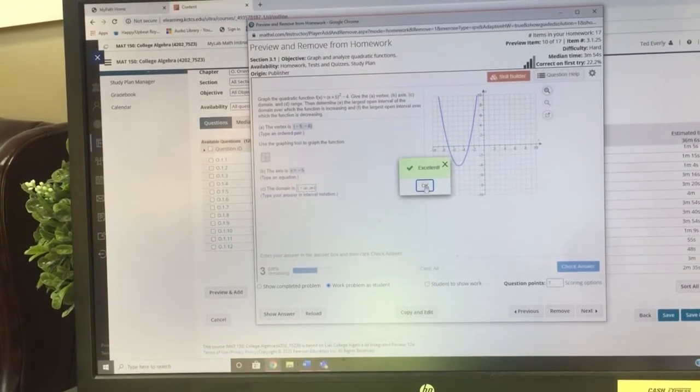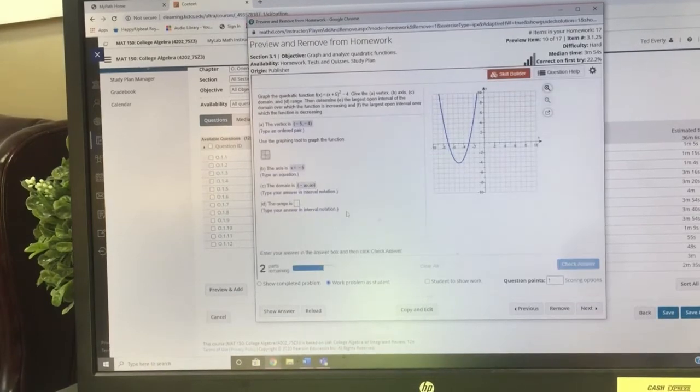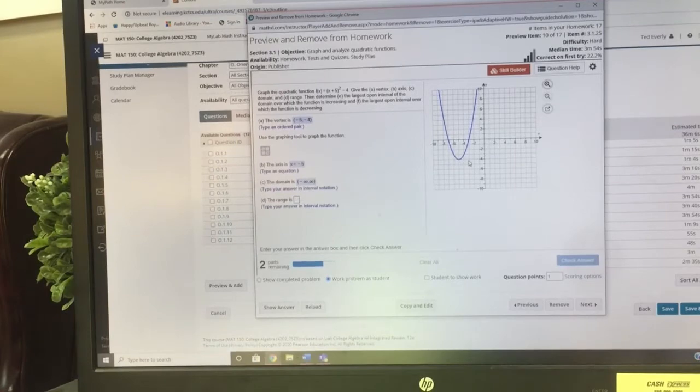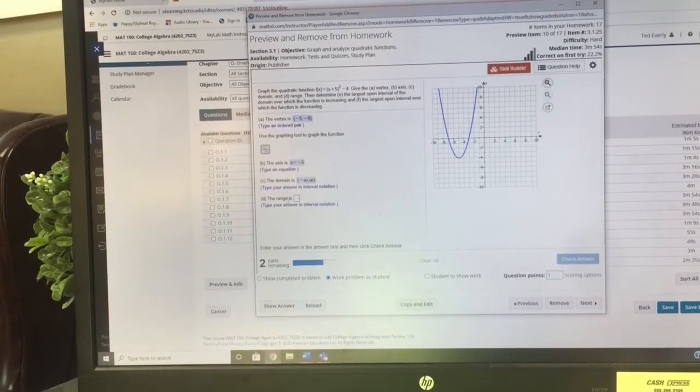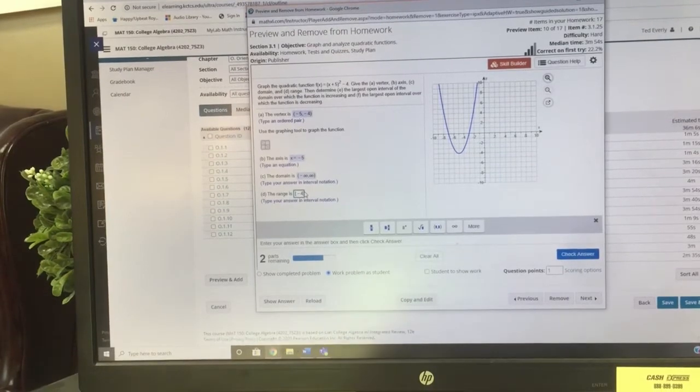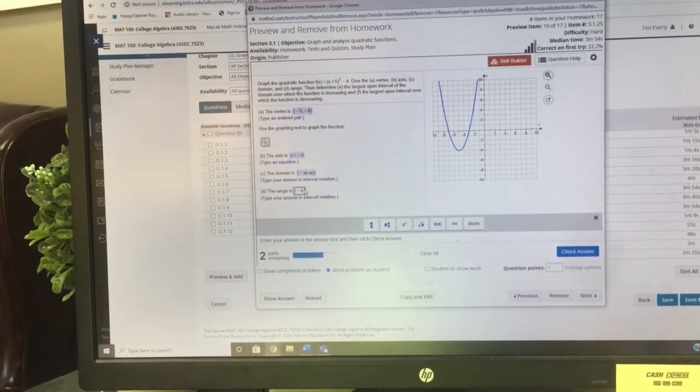Every one of these quadratics is going to be negative infinity to positive infinity on domain. Now the range, that's what changes on this one. The lowest value right here is negative 4. So now it's got a bracket. I forgot to do that a while ago. And it goes up forever to infinity, so that'd be infinity there.